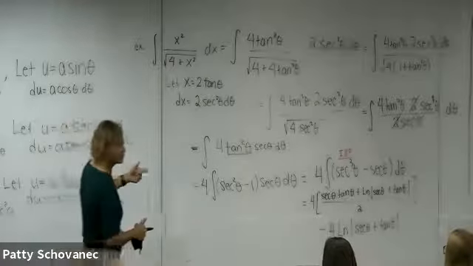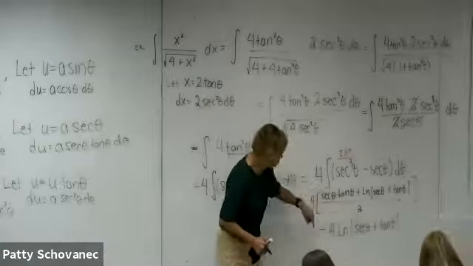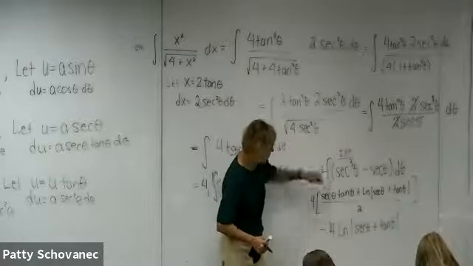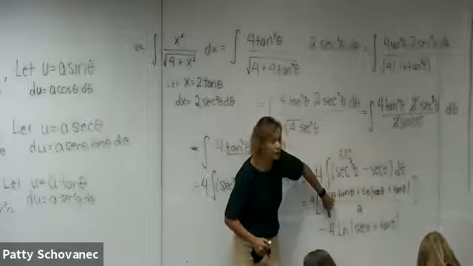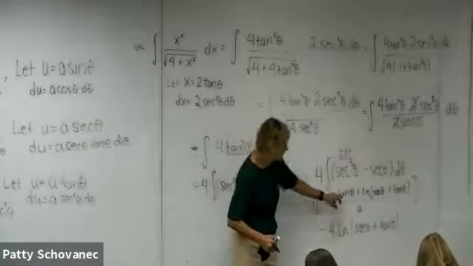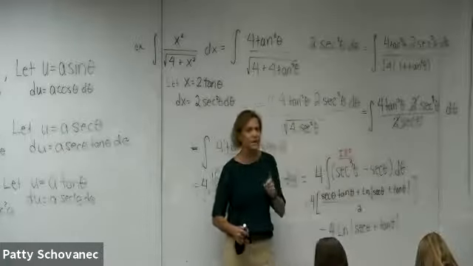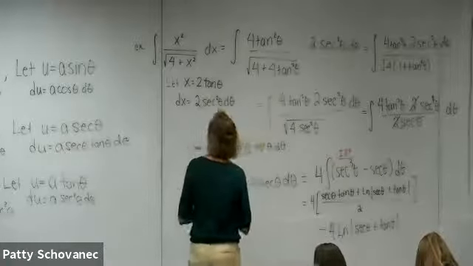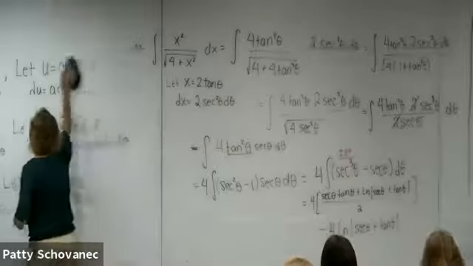Okay, well, let's simplify this just a wee bit. When this 4 goes in here, it cancels and gives me 2 of these. It's going to give me 2 of those, but I've got minus 4 of those here. So this should simplify to 2 secant theta tangent theta minus 2 times the natural log of secant theta plus the tangent of theta. So I gotta rub this out.